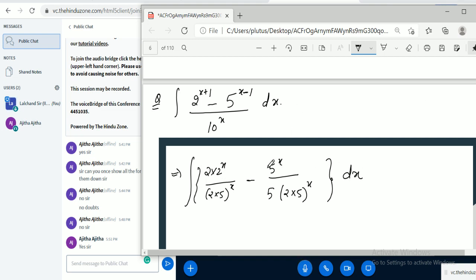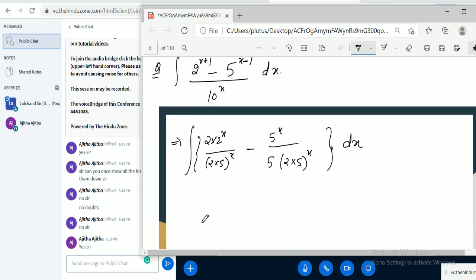Okay, I think it is clear to you how we break this function. Now if we simplify this, 2 to the power x gets cancelled and this will be 2 divided by 5 to the power x.